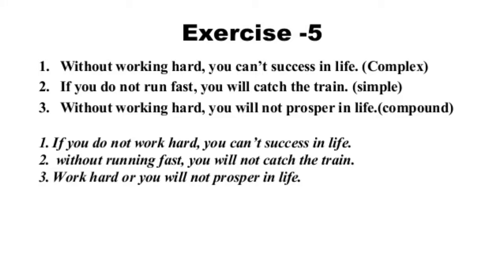You have to change it into complex. What is the subordinating conjunction you have to use here? It is if or in case. So, see the sentence here. If you do not work hard, you cannot succeed in life. That's the answer. That's the complex sentence, children.